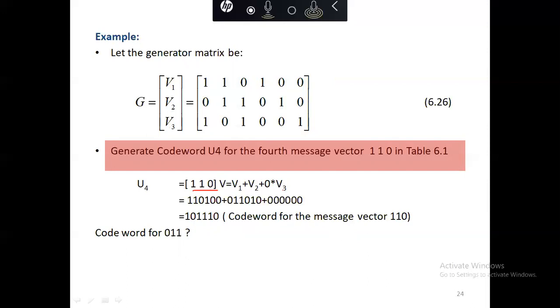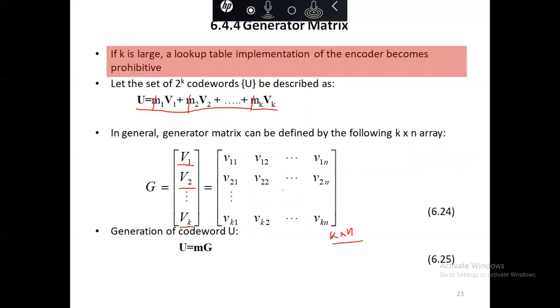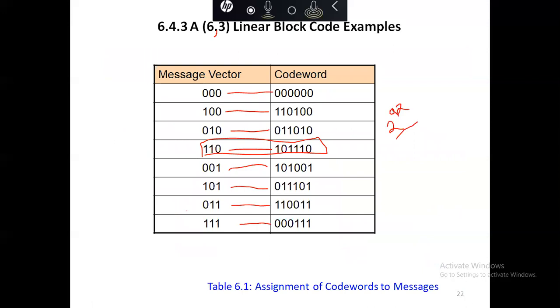So in fact, what I'm saying is it's really K by N because K is 3 and N is 6. So we are choosing K code words from this vector space, but these are not all the code words in the vector space.